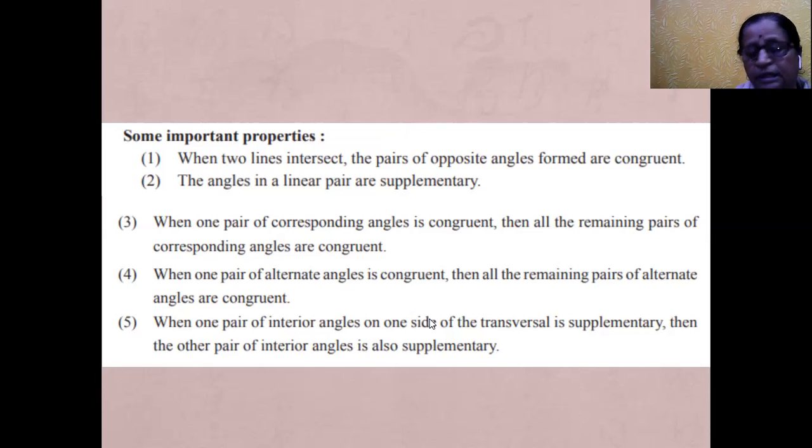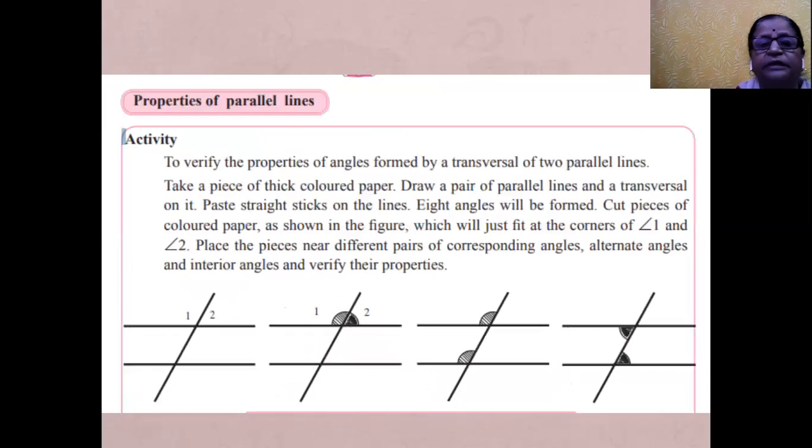We are going to see this in the next theorem, but here are some activities you have to do. Draw two lines and one transversal, or take sticks and do the activity like this. You have to measure angles 1 and 2. Take papers of different colors and measure the angles.